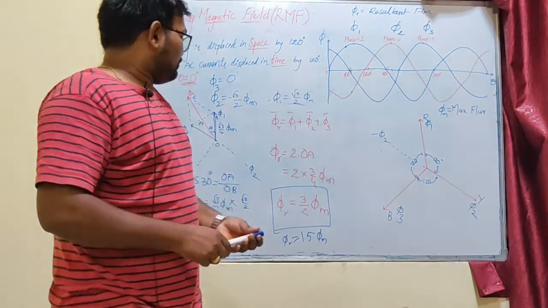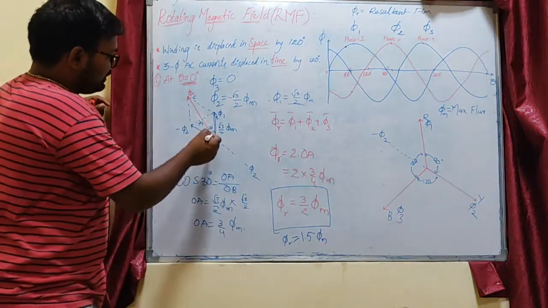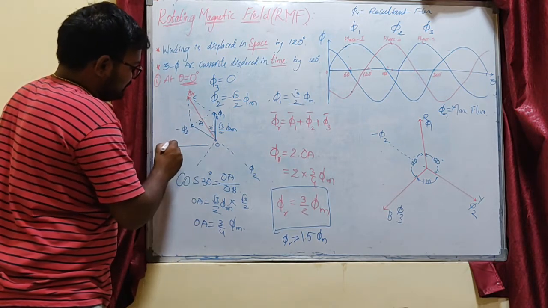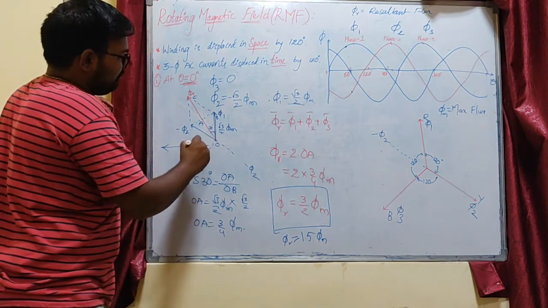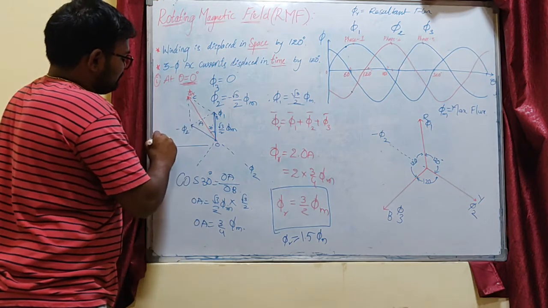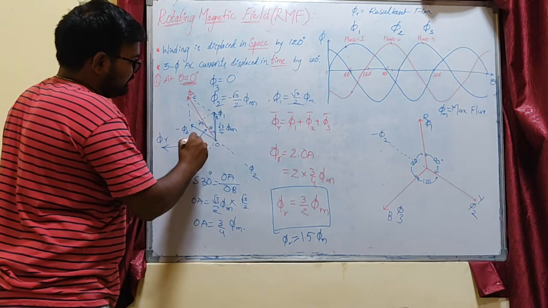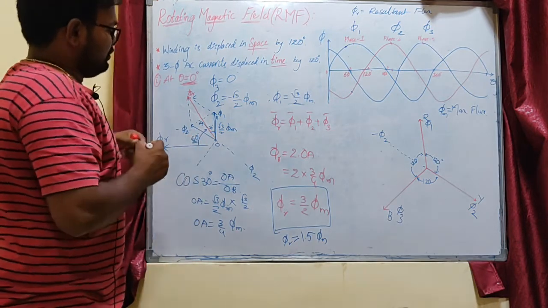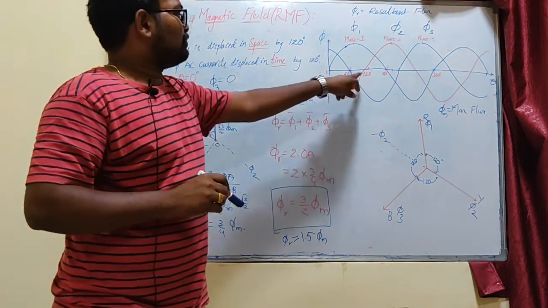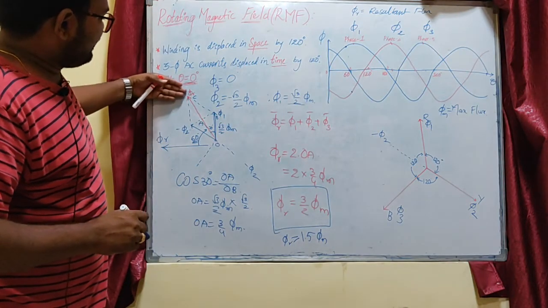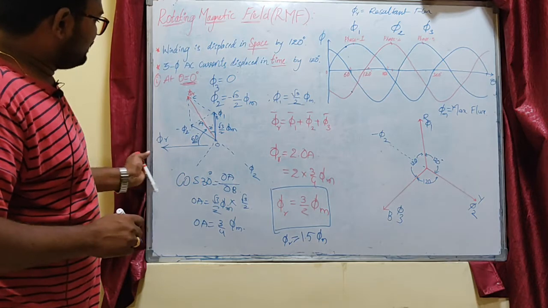Okay. So, you can see the resultant phasor has been rotated to this position. Initially, it was here. Now, it is shifted to this position. So, the angle of shifting is 60 degrees. Okay. As time is progressing, our resultant flux phasor is rotating. It is shifting in the clockwise direction.